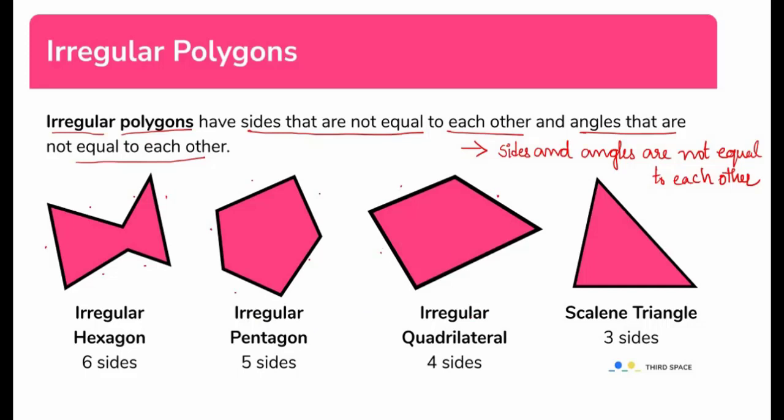Irregular quadrilateral: having 4 sides, called a quadrilateral. Lengths are not equal and angles are not the same size. So, it is an irregular quadrilateral. And a scalene triangle also comes under irregular polygons because its angles are different, not the same in size. Okay, children? Did you understand regular polygons and irregular polygons?